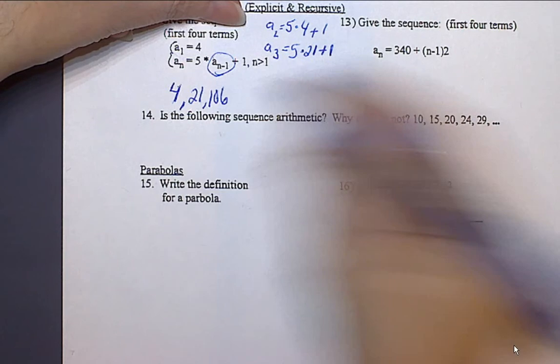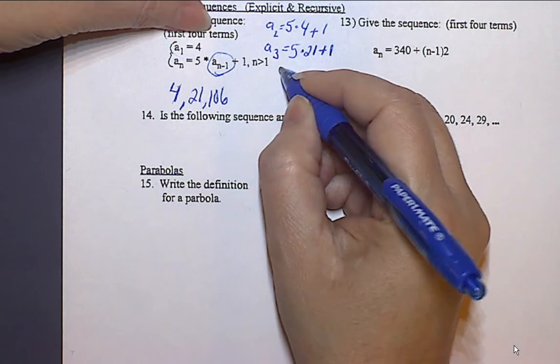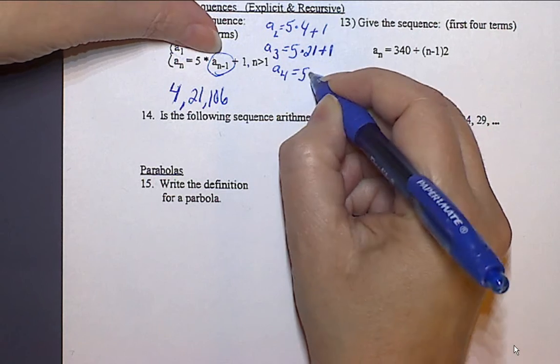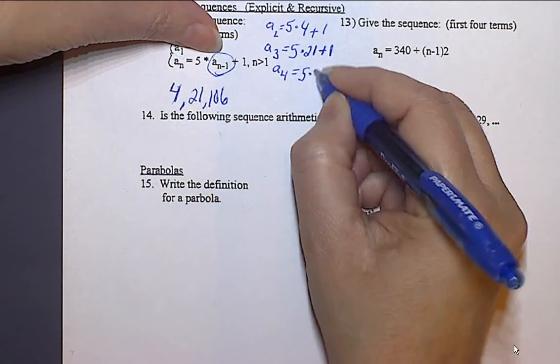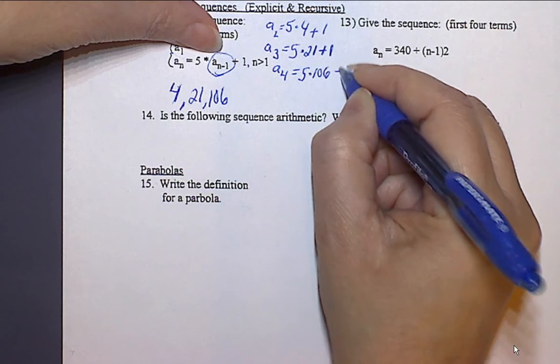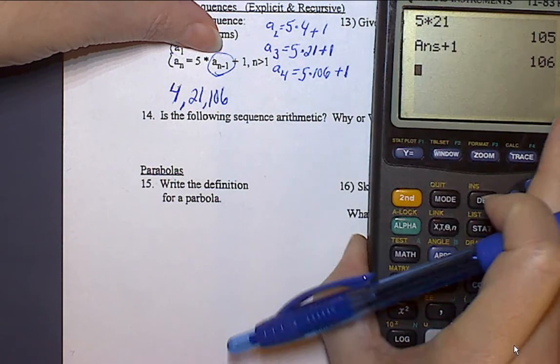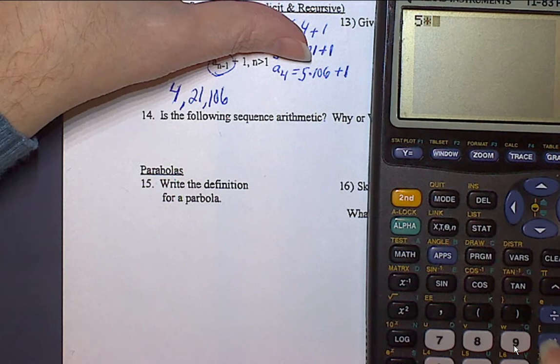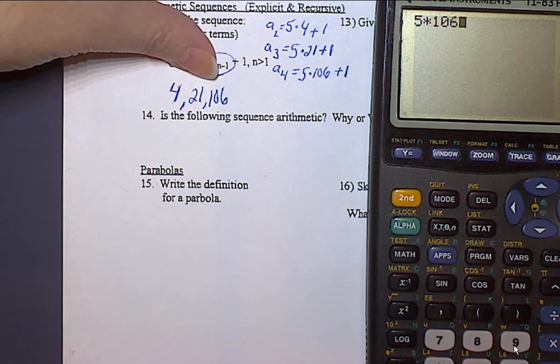So my fourth term and final term is 5 times the previous term, 106, plus 1. So I'm going to go and say, clear that out. So I have 5 times 106 plus 1, 531.